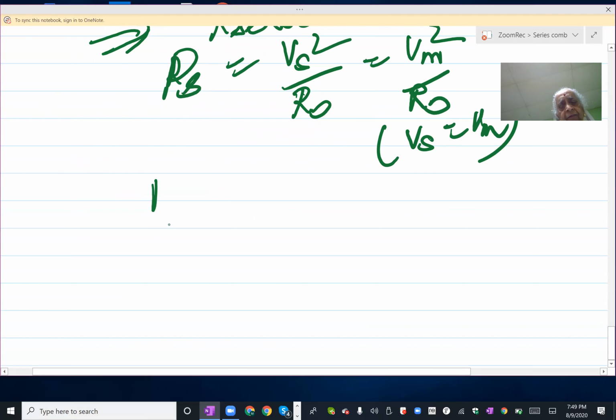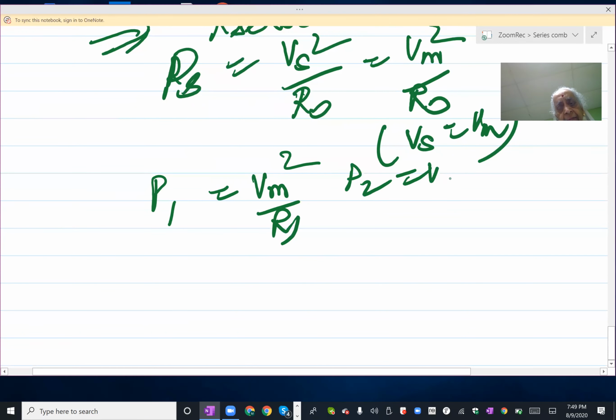And P1 will be equal to V marked squared by R1. P2 will be V marked squared by R2. And P3 will be V marked squared by R3.